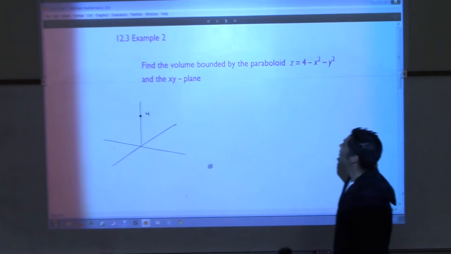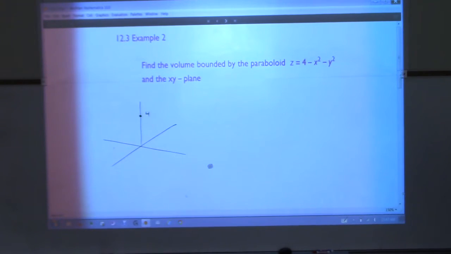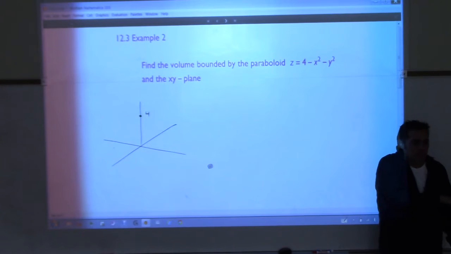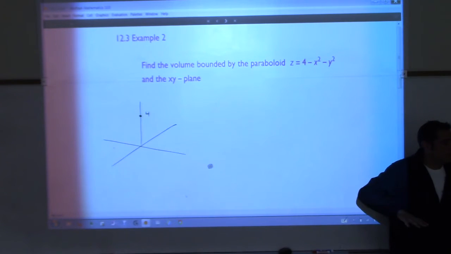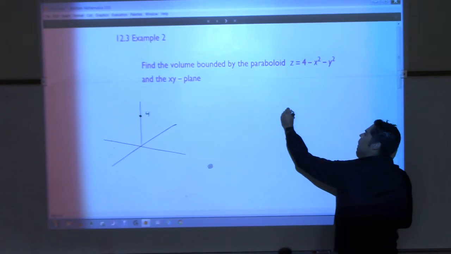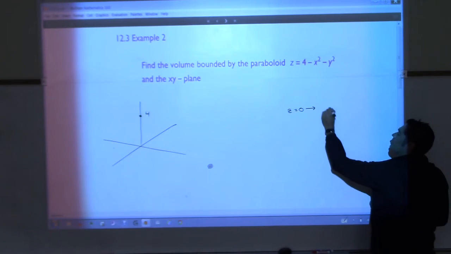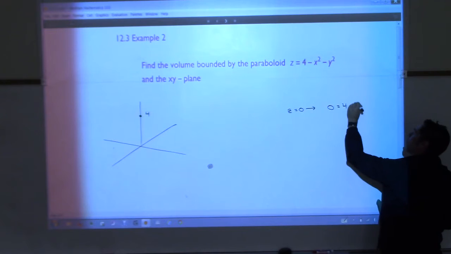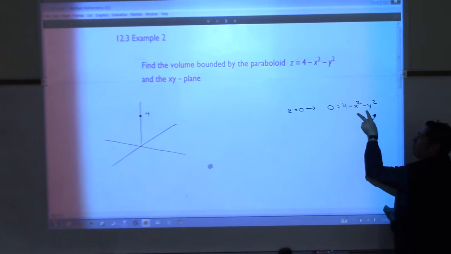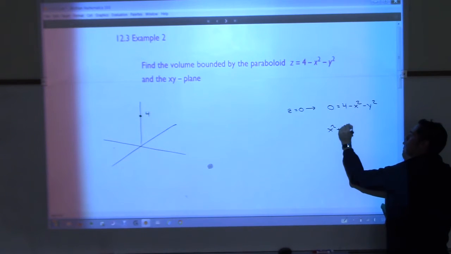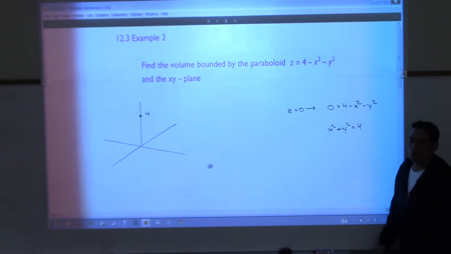Now, what if z is 0? If z is 0, what I'm saying is, where does this surface hit the xy plane? So if z is 0, what does that equation turn into? 0 equals 4 minus x squared minus y squared. If you move the x squared and y squared to the other side, you get x squared plus y squared equals 4, which is a circle of radius 2.